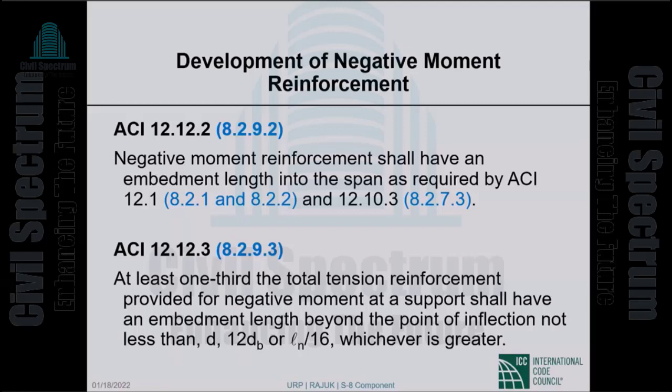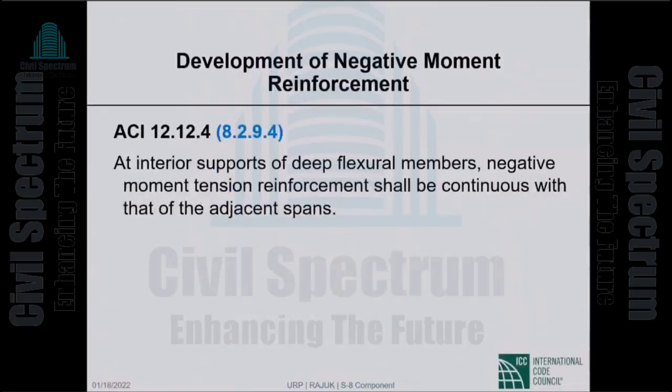Okay, so at least 1/3 of the total tension reinforcement provided for negative moment at a support shall have an embedment length beyond the point of inflection. This is negative reinforcement, not less than d, 12 bar diameters, or L sub n over 16, whichever is greater, or greatest.